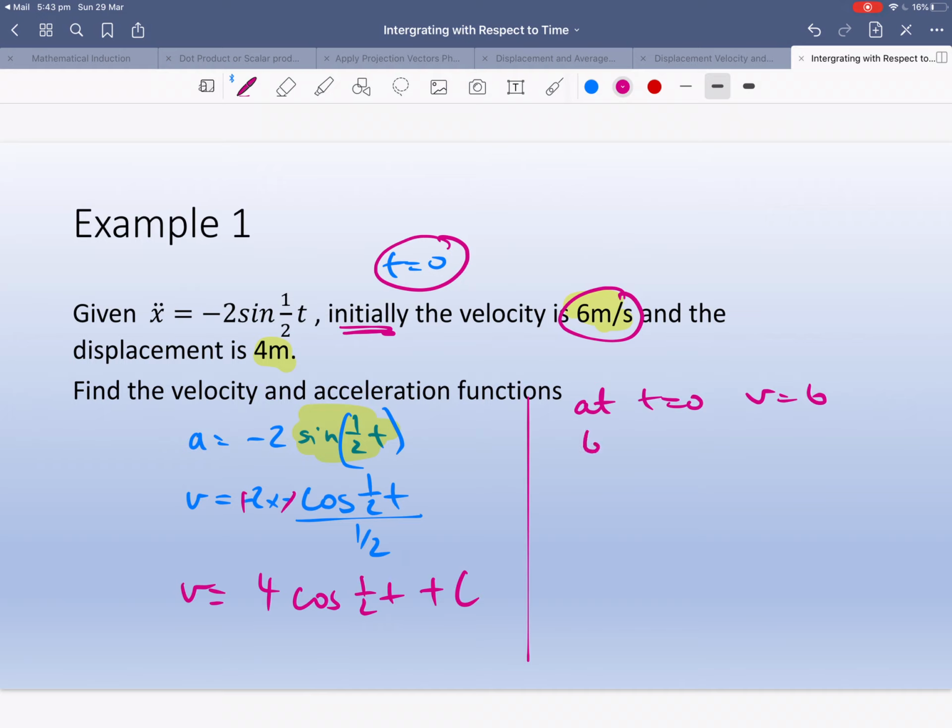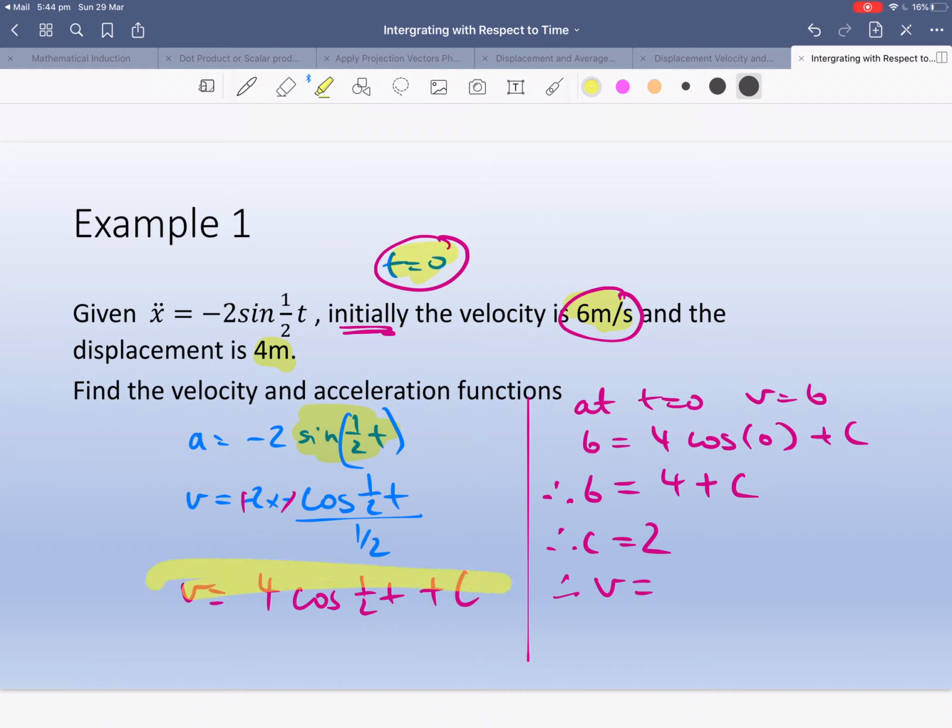So we're going to get 6 equals 4 cos of 0, because we're substituting t equals 0 into here, and we've still got the plus c. Therefore, 6 equals 4 plus c. Therefore, c equals 2. So our velocity formula will be 4 cos half t plus 2.